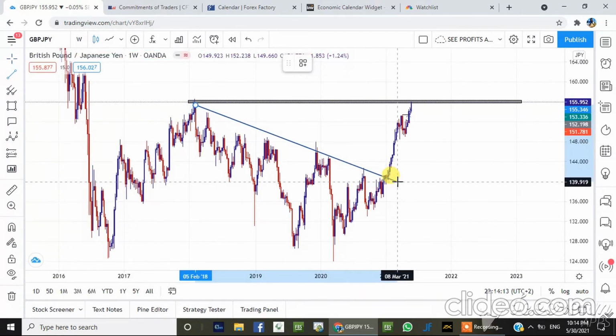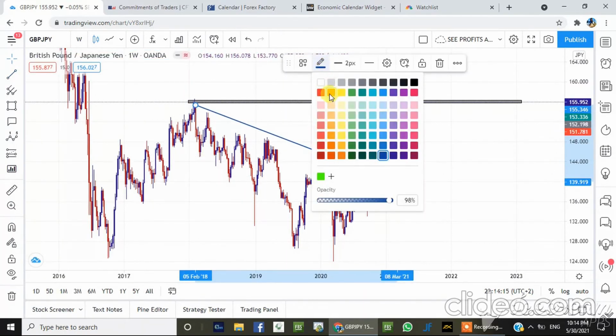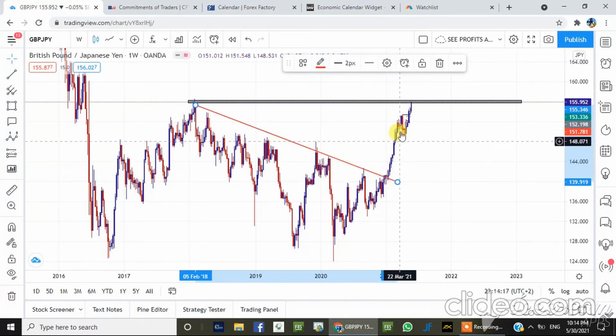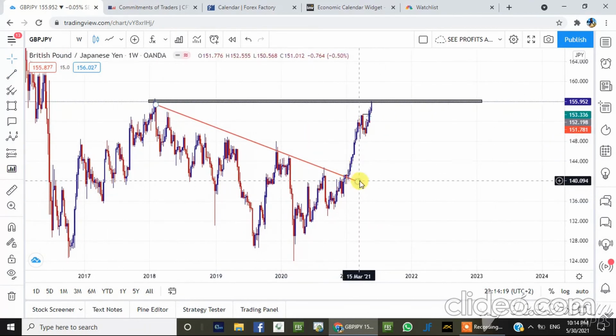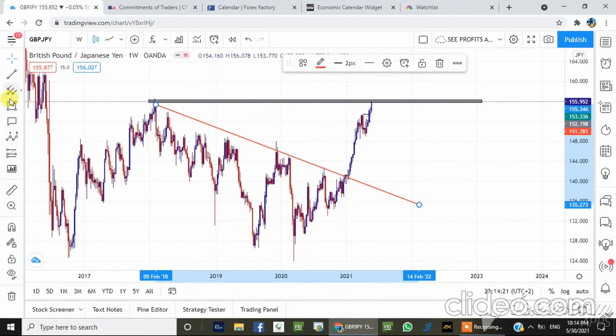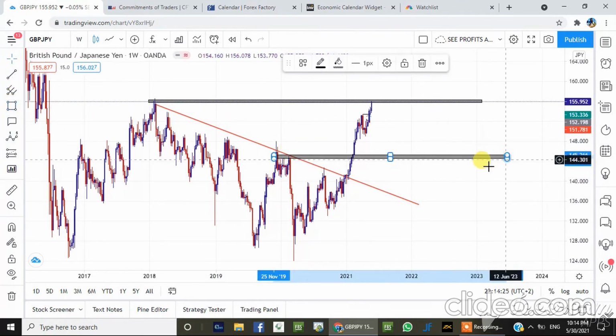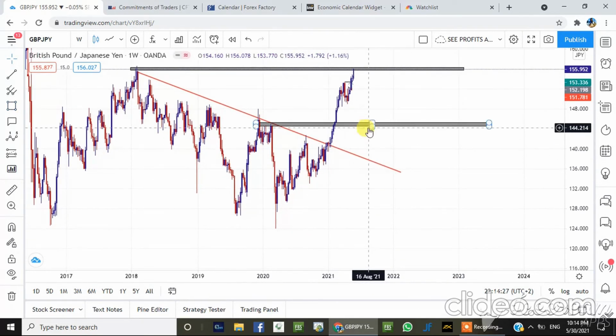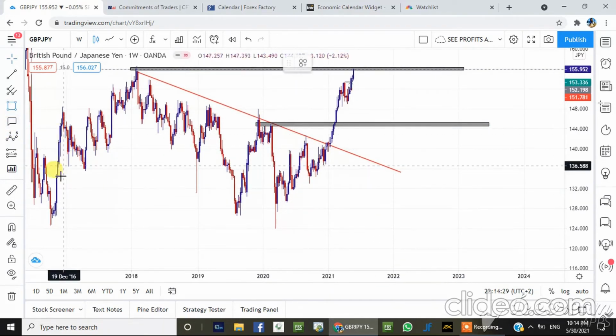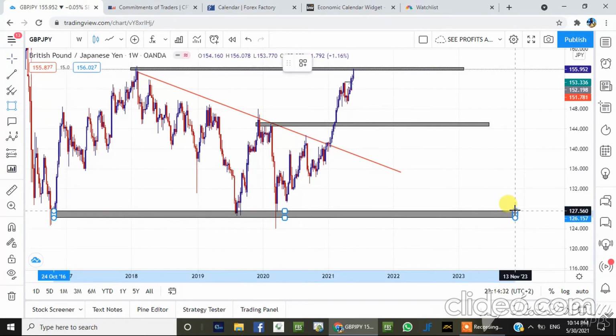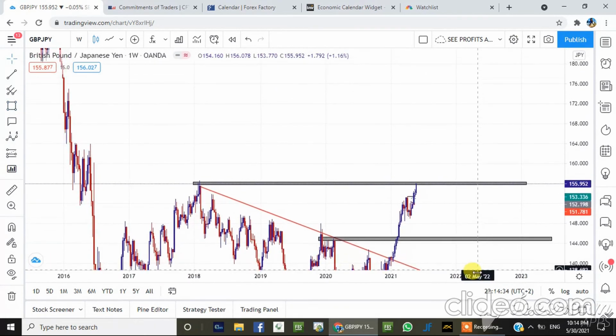The market was in a trend, with a trend line resistance, and we broke it. Right now, personally on GBPJPY on the weekly time frame, I'm looking for a retest here on the previous highs. And we also have this nice weekly support.